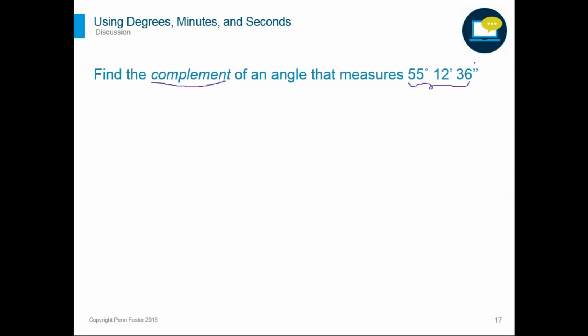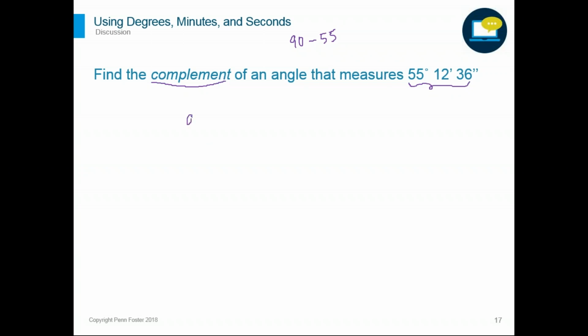So the same way we used to subtract 90 degrees minus, for example, 55 if the measure was given only in degrees and do the subtraction. But since the measure now is given in degrees, minutes, and seconds, then we need to consider those fractions also in our calculation.